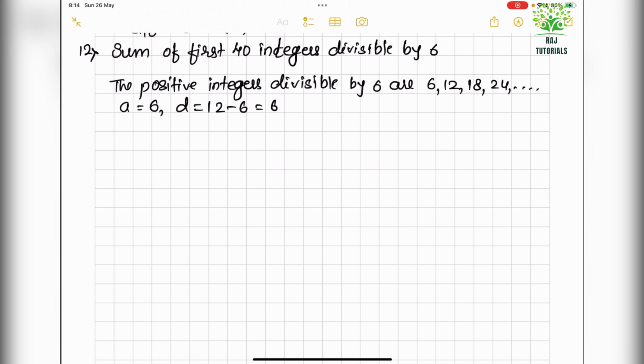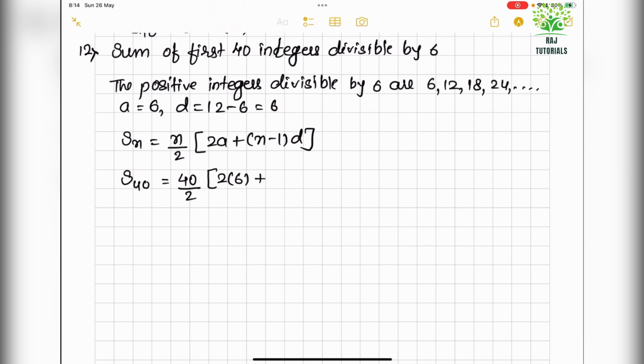So now he has asked me the sum, so Sn equal to n by 2 into 2a plus n minus 1 d. Here n is 40, so S40 equal to 40 by 2 into 2 into 6 plus 40 minus 1 into 6.